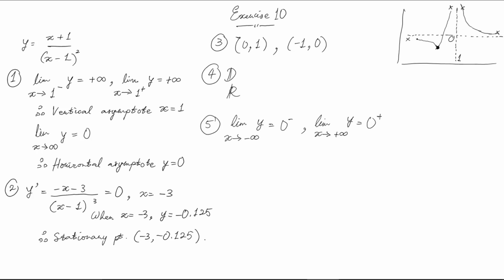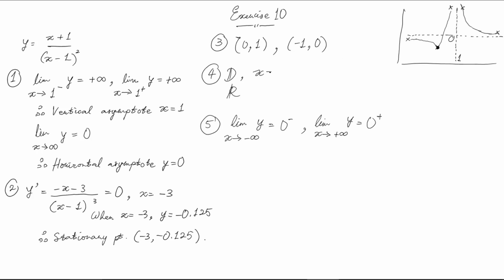Okay, so now that we have this tracker full, we already can see the graphical information for this curve. Then you can say that for the domain, x can be any value from negative infinity to positive infinity except for this vertical asymptote.